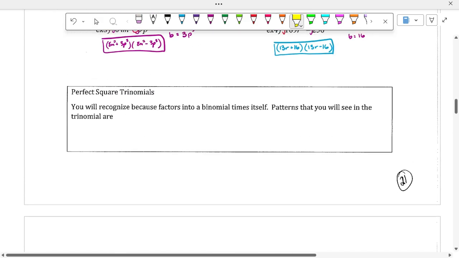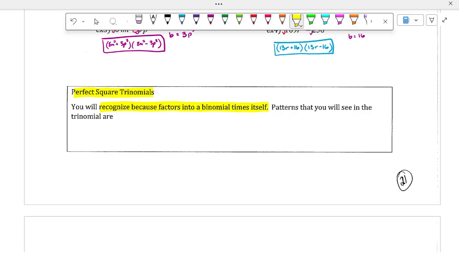Now, we also have the perfect square trinomials. We talked about this when we did completing the square, because turning a polynomial into a perfect square trinomial was the whole goal of completing the square. You'll recognize it because it factors into a binomial times itself. The pattern you will see in the trinomial is a squared plus or minus 2ab plus b squared.